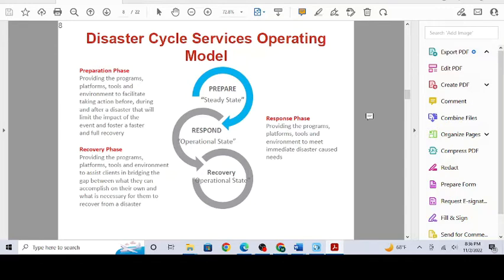Once things have been able to get stabilized and people's immediate survival needs have been met, or if you want to personalize it, a person can answer their questions of where's my next meal coming from and where am I sleeping tonight, then a person is no longer focused on their immediate survival needs.